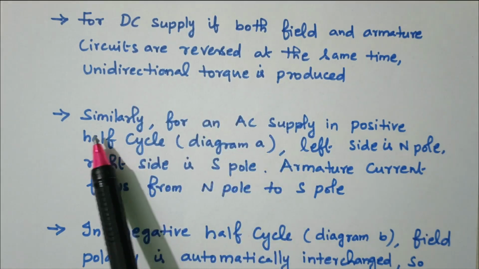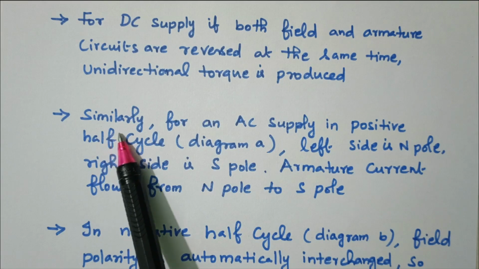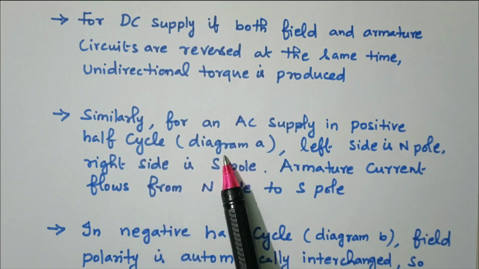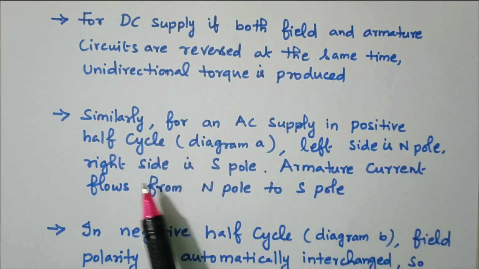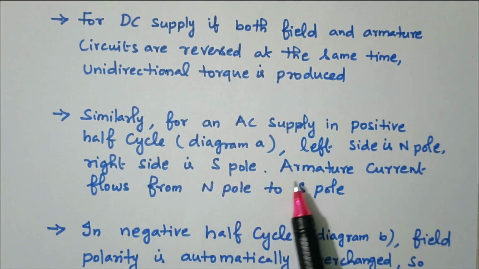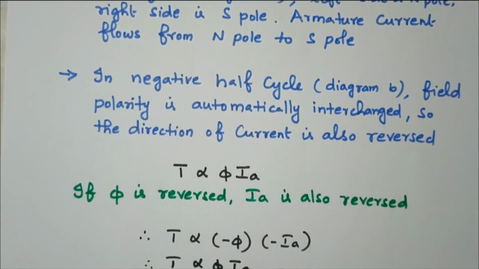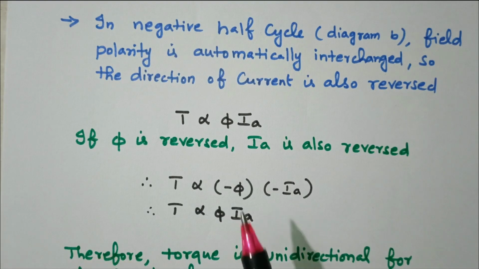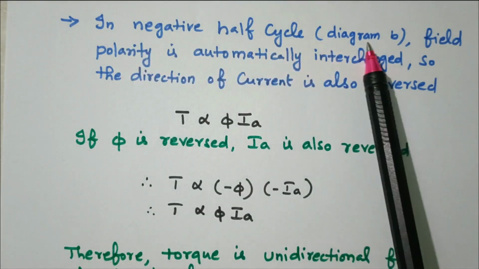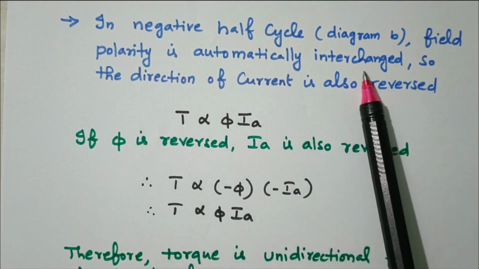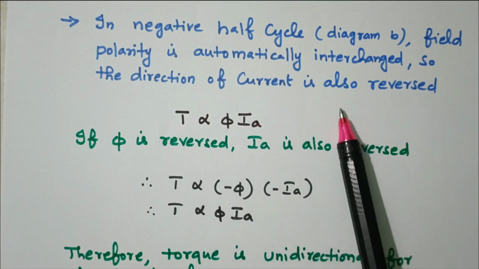Now we'll see what happens in the AC, what we discussed in the diagram. Similarly, for an AC supply in the positive half cycle, diagram A, left side is N pole and right side is S pole. Armature current flows from N pole to S pole. Similarly, in the negative half cycle, diagram B, field polarity is automatically interchanged, so the direction of current also interchanges.